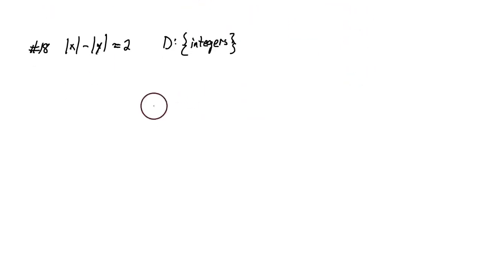Now number 18. We could rearrange the form of this or leave it like it is and use guess and check strategy to find answers that work for x and y. Let's organize in a chart. If x was 2, our expression would be the absolute value of 2 minus the absolute value of y is equal to 2.